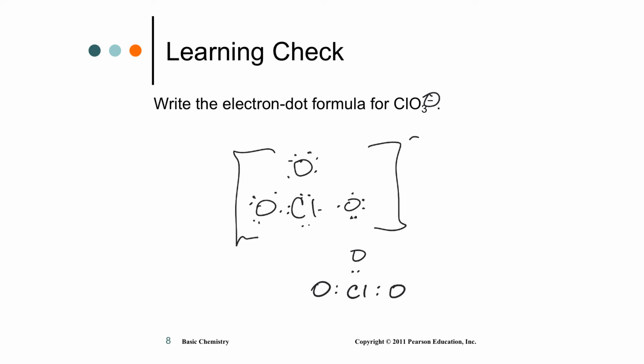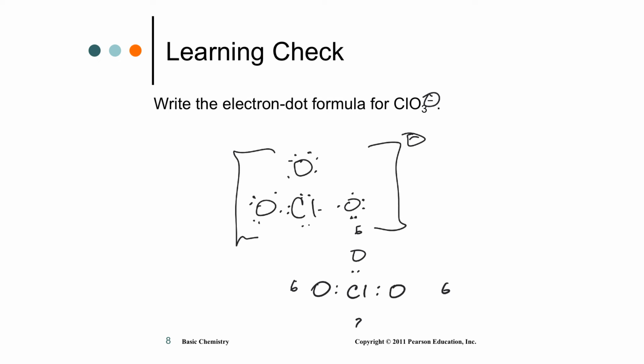All right. So what else do we have? We've got 1 electron more, because the whole thing is negative. So we're going to have to add 6 for that oxygen because it's in group 6. We're going to have to add 6 electrons for this one because it brings 6. We're going to have to add 6 for this one because it's in group 6.